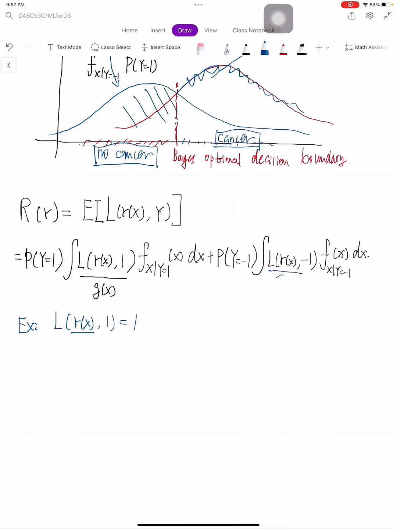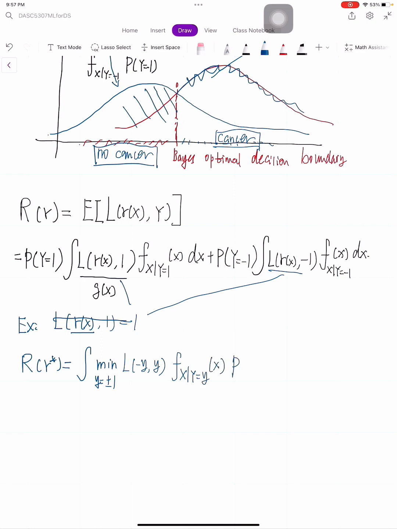So the Bayesian risk, the optimal risk, we can solve analytically as the integration of the minimum between the two density values, multiplied by the conditional density of x given y and the probability of y, times dx.